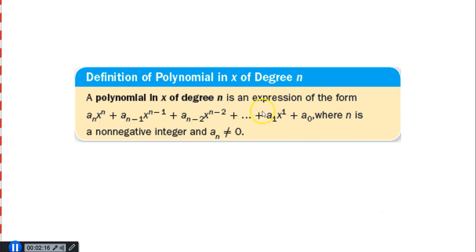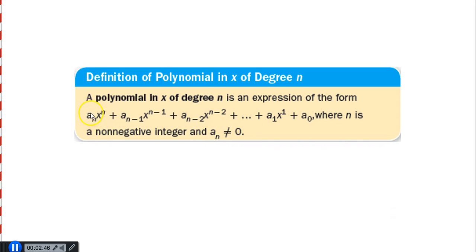So what that means here is that if we're working with a polynomial, the exponents on the variables have to be integers, and they can't be negative. They're going to be positive numbers. So this number here, n, is going to be a positive integer. And then as a result, all the rest of these exponents will be integers as well, because we're subtracting 1, 2, so on and so forth until we get down to an exponent of 1 on the variable. So n has to be a non-negative integer, and then a sub n can't be 0.